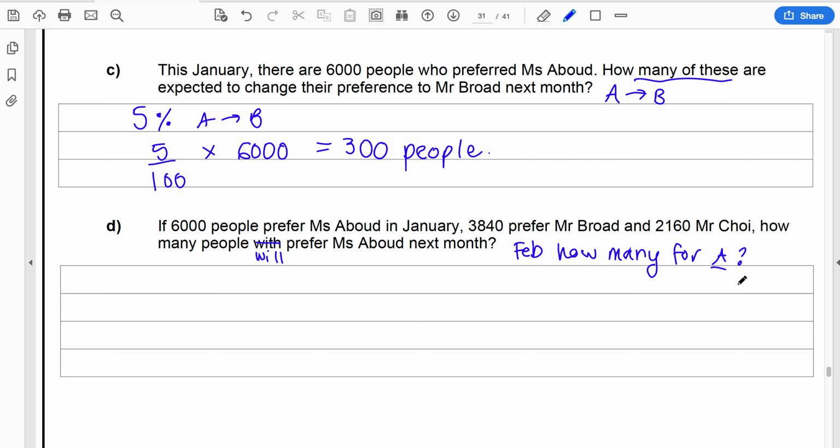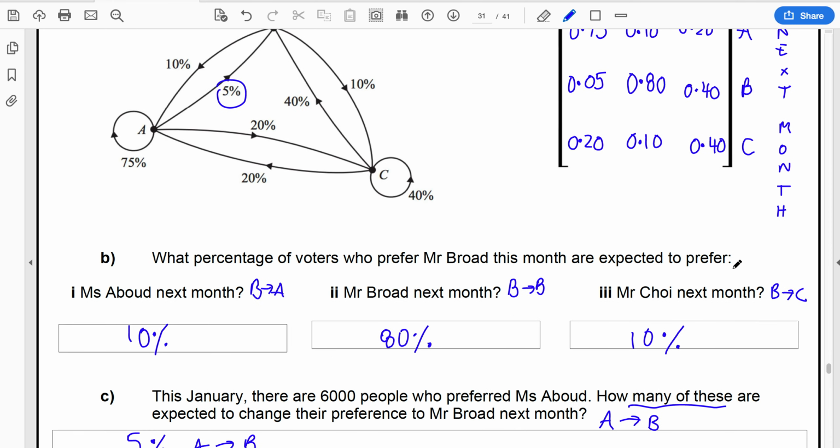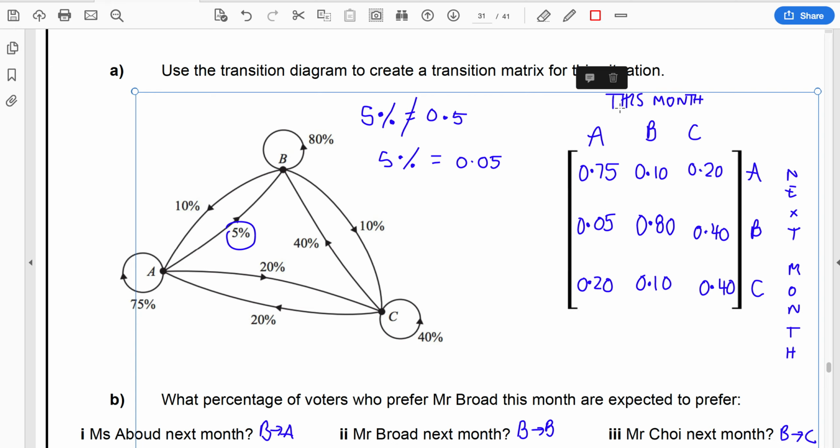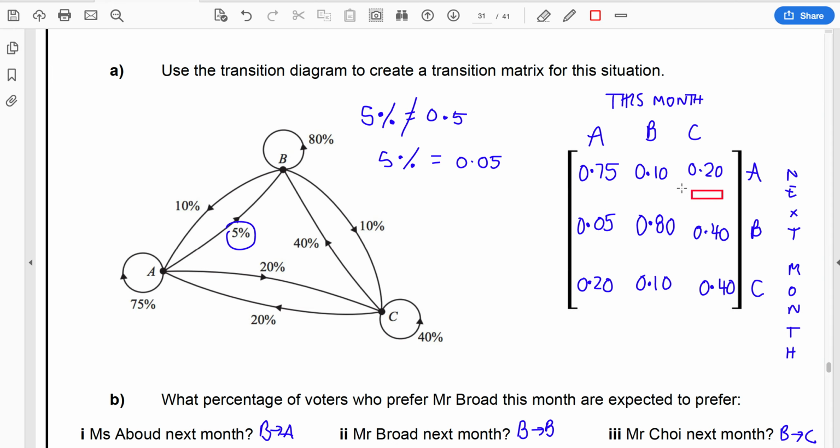So we have to actually do three separate percentage calculations here and add them together.